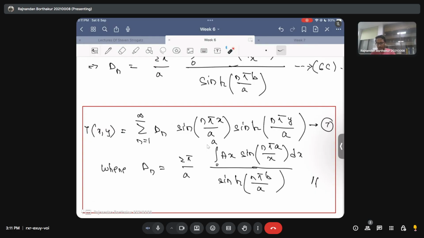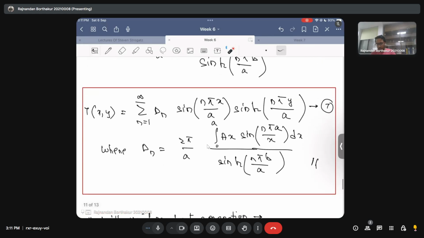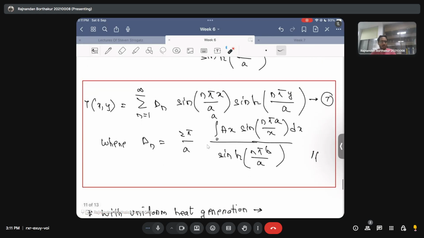The answer lies in how much computational power you have. You can compute up to n equal to 10, or up to n equal to 20, and so on. That's fine, but you must understand that the higher the value of n, the less powerful the mode is.